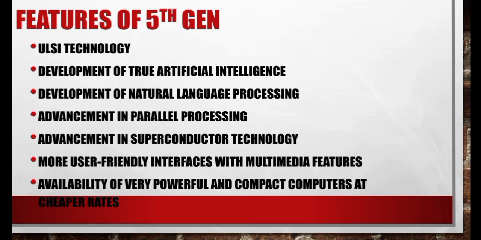As we continue, we'll check them as we go to module 2 and module 3. So this is just module 1. We are going to look at just the definition of terms, and we check the applications and many more. So we have advancement in parallel processing, advancement in superconductor technology, more user-friendly interfaces with multimedia features, availability of heavily powerful and compact computers at cheaper rates. So those were the features of the fifth generation.